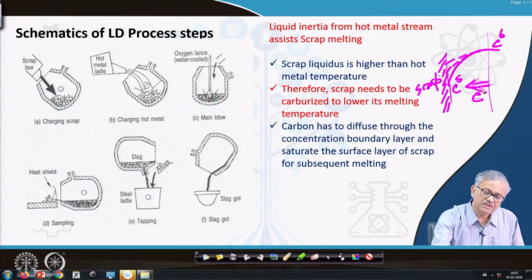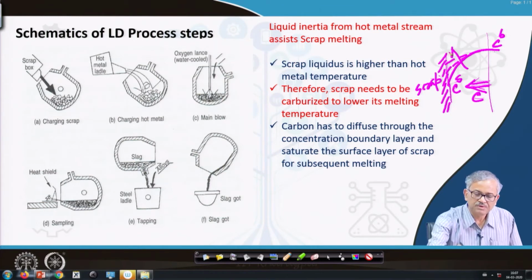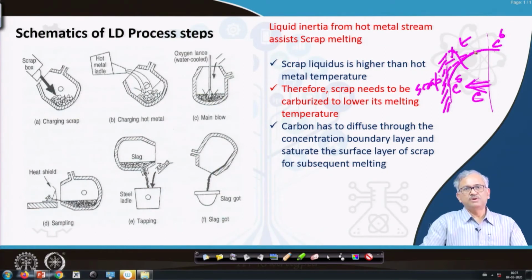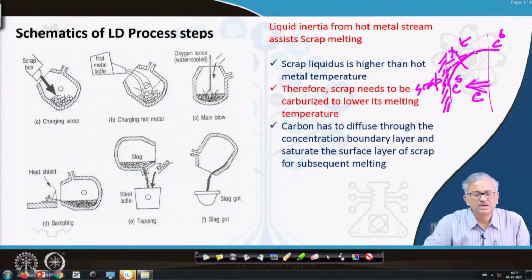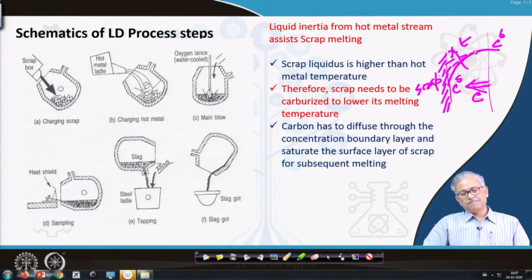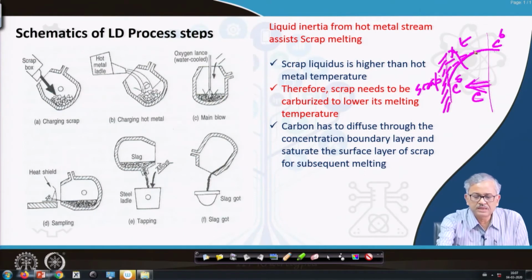As you increase the time, the concentration profile will change like this, from here to here. It will go on increasing, and finally, the carbon concentration at the scrap surface will increase, and that is the way it will be carburized, and finally it will melt. So, it is basically mass transfer.